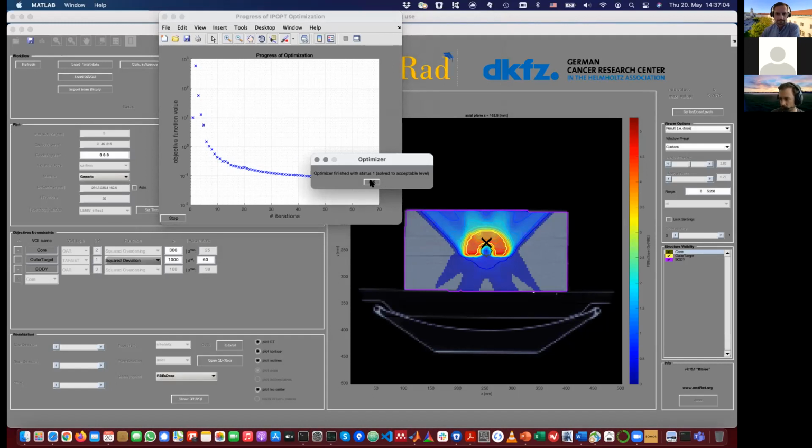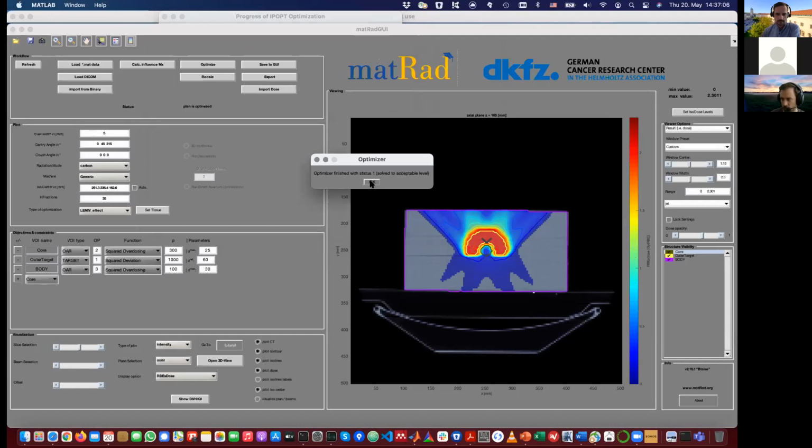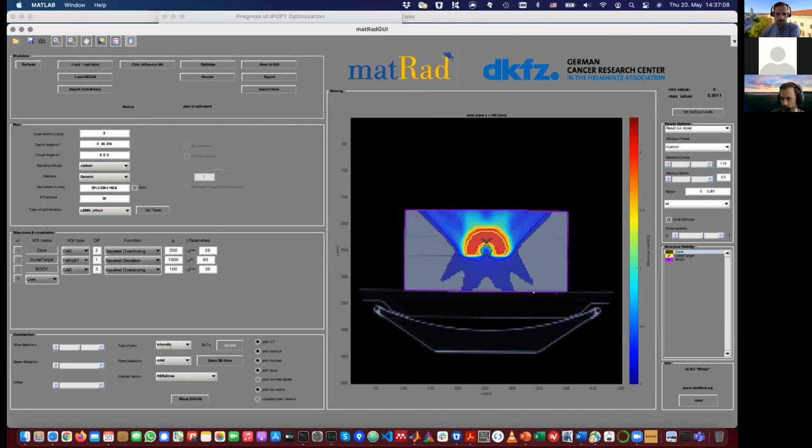All right. And now we finished already. That was quick. And this is our treatment plan now. This is now a carbon ion treatment plan biologically optimized using LEM4. And the optimization itself was carried out on this intermediate quantity, the biological effect, and then converted back to the RBE weighted dose.